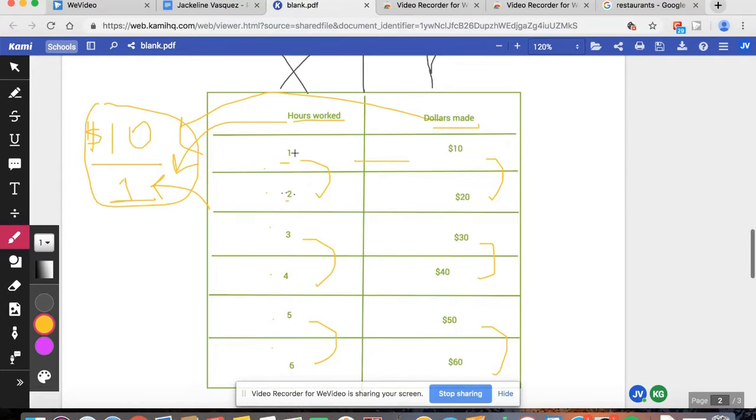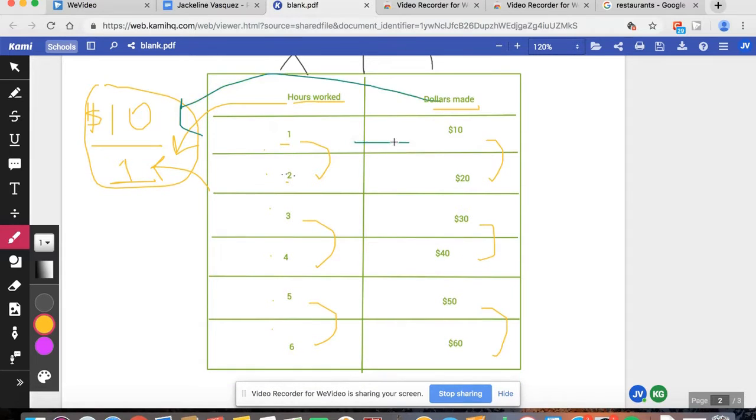Now here we have 1, 2, 3, 4, 5, and 6 hours worked. And then on the other side, we have 10, 20, 30, 40, 50, $60 made. The reason why we have these is because the rate of change here is $10 per hour. So no matter how many hours Regina's working, she's only going to be earning $10 per hour.